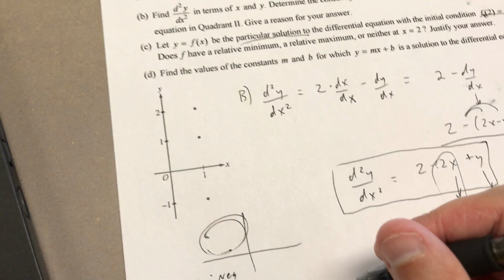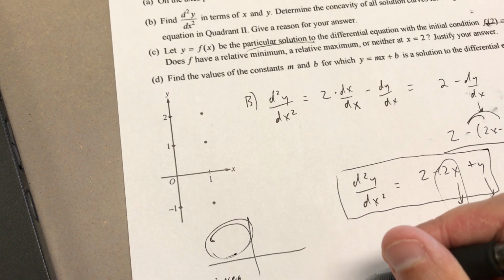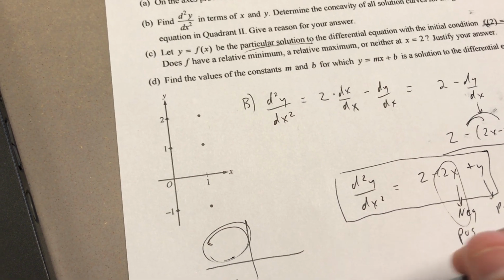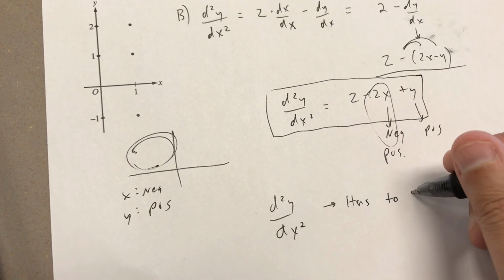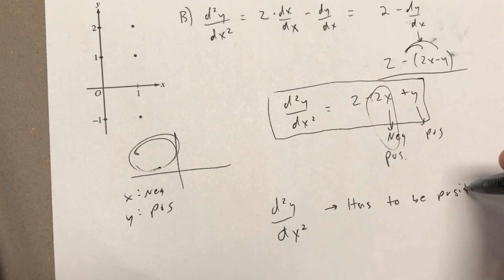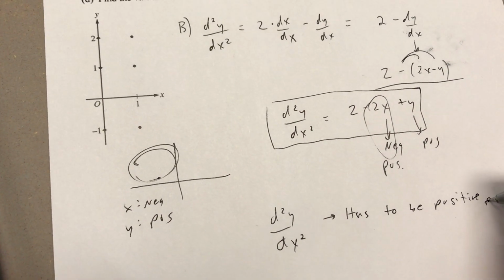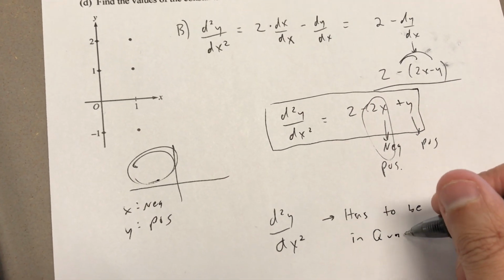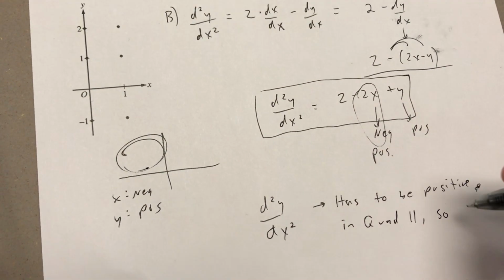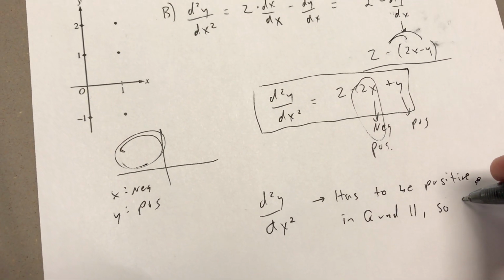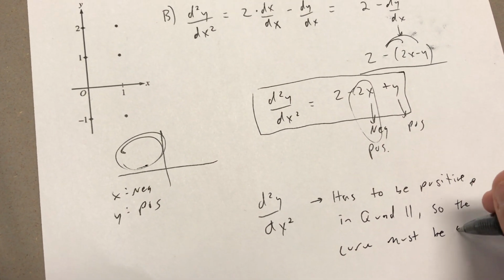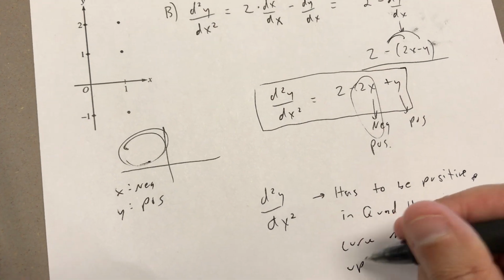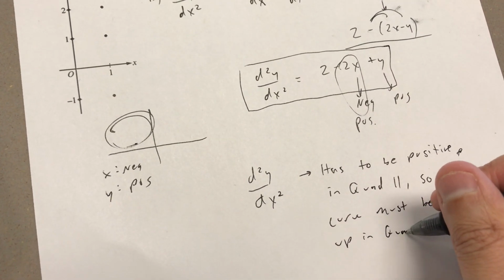We know that d squared y dx squared has to be positive in quadrant 2. So the curve must be concave up in quadrant 2. All right, let's look at their answer here.